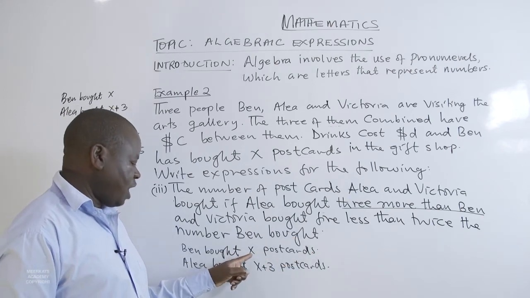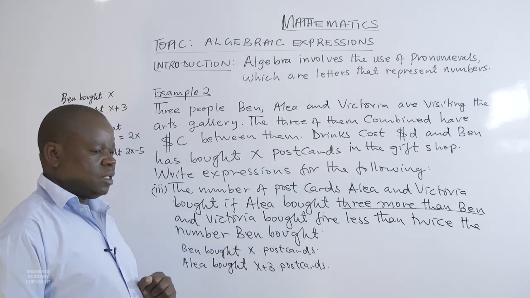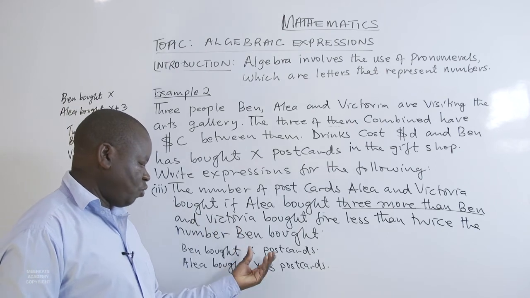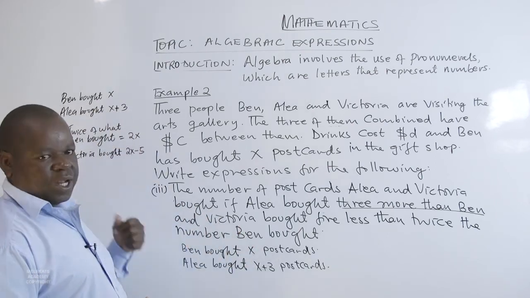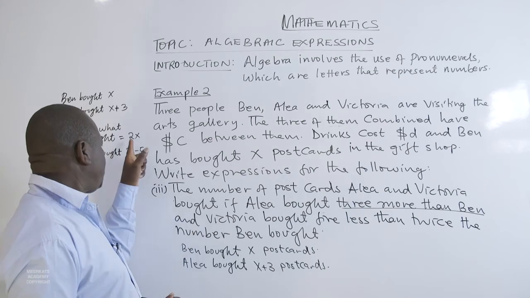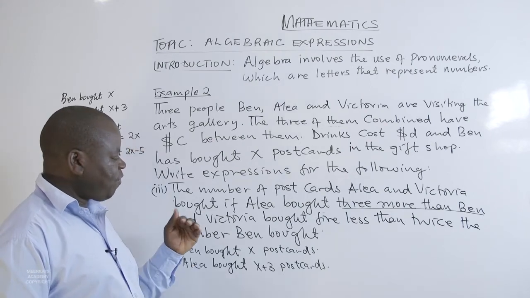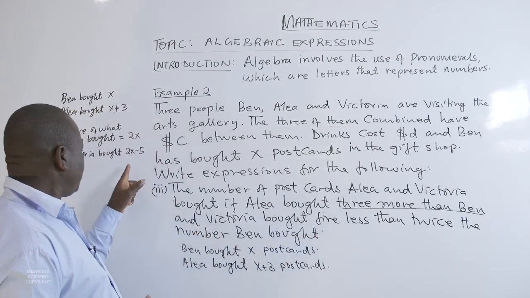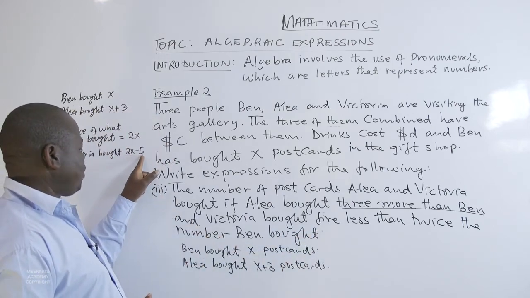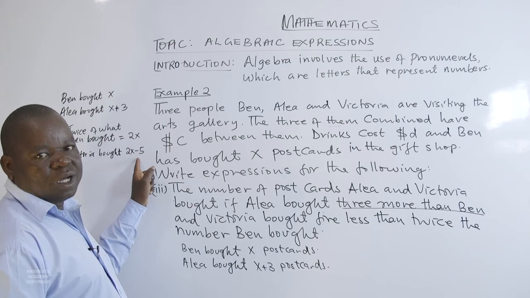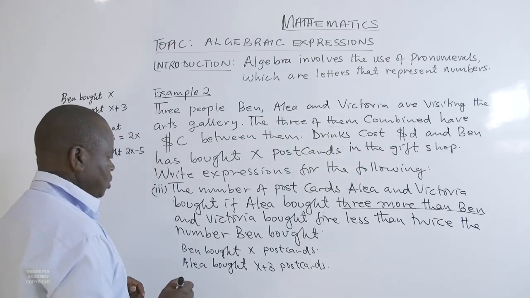Originally Ben bought X, but now twice what he bought, we multiply by 2 so that our coefficient is 2. Then 5 less than twice means you get 2x minus 5 to get the total number of what Victoria bought.